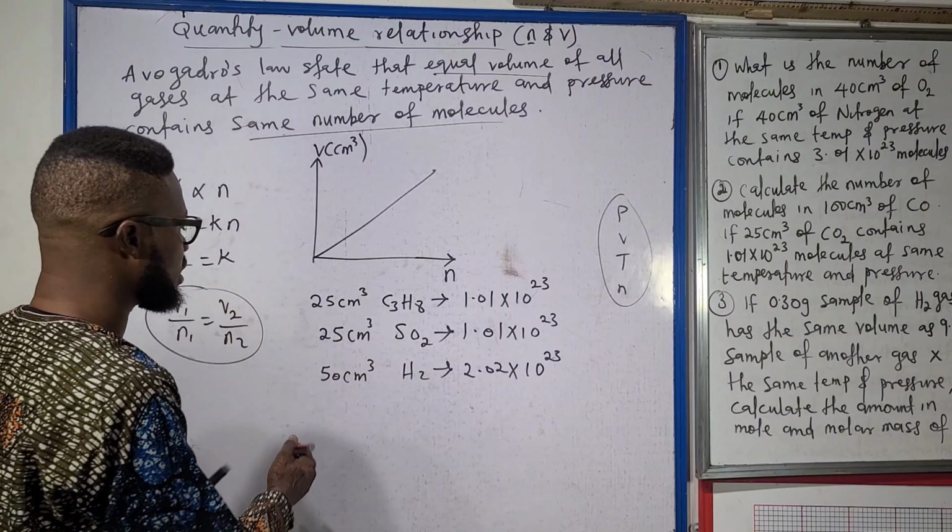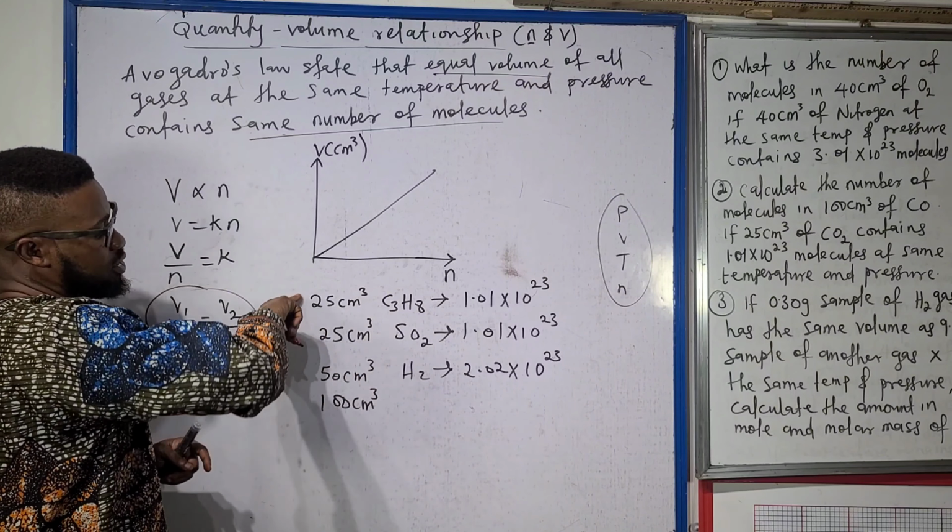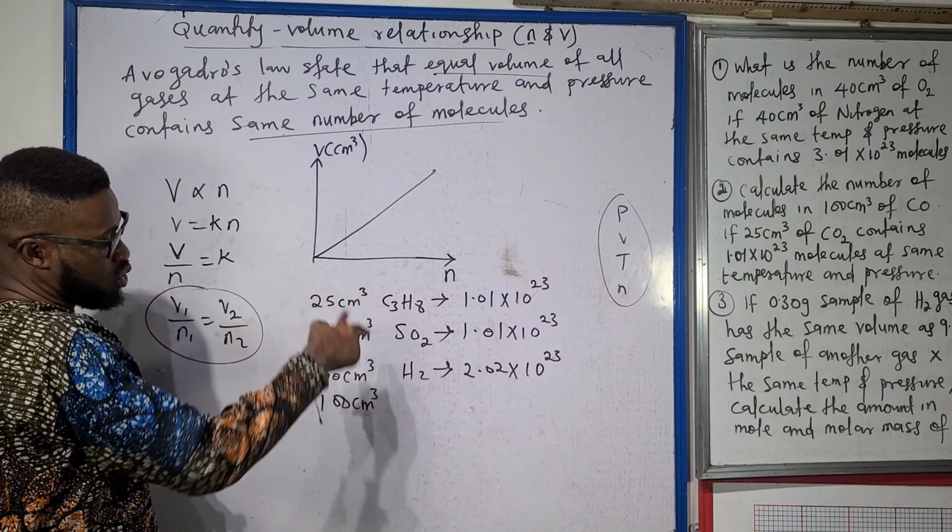Now let's say the volume is 100 cm cubed and has increased by a factor of 4. I'm talking about carbon dioxide gas here. I expect the number of molecules of the gas to increase also by a factor of 4. This is going to be 4.04 times 10 raised to power 23 molecules.